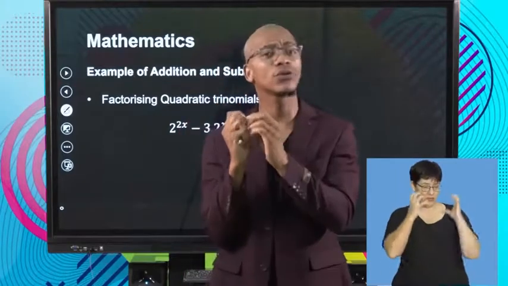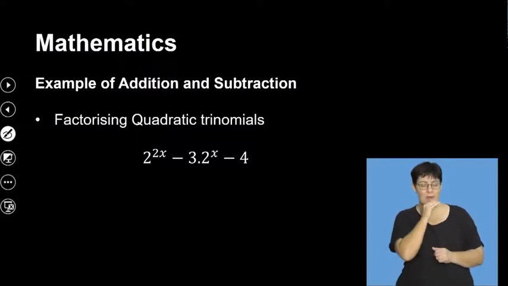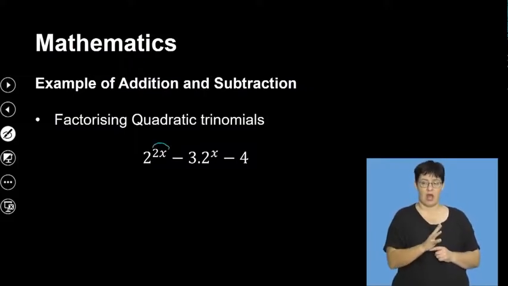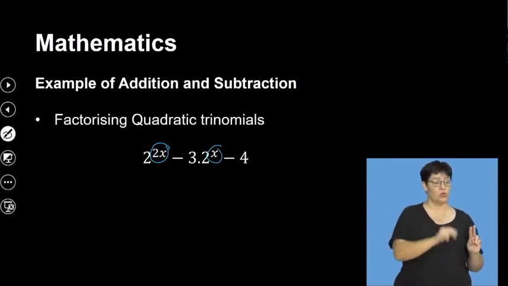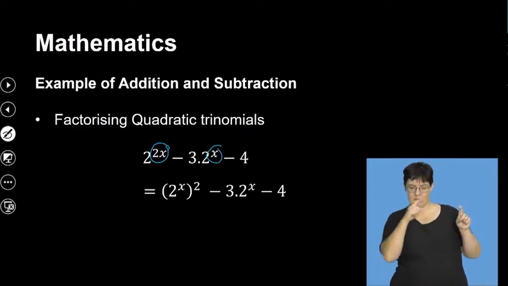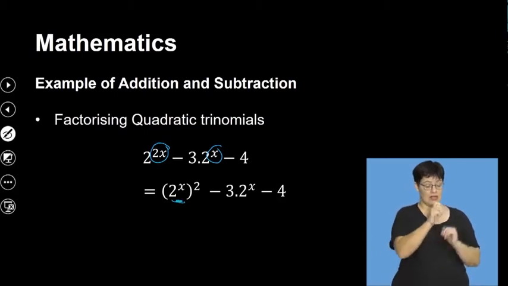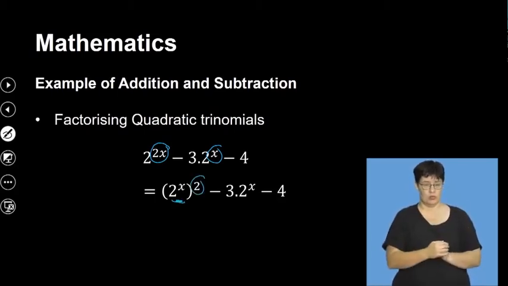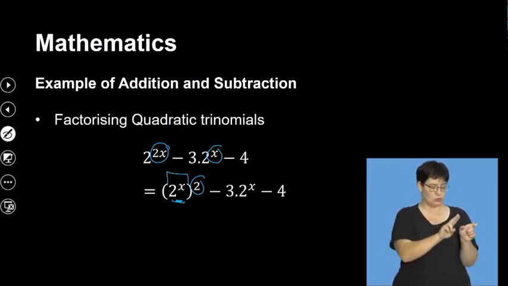But let me show you how you will factorize this, provided that it is a quadratic trinomial. So you can see this is 2x and that is x. So it shows us that it is twice that, right? So this will be the same as applying the principle that I said was important for you to note: 2 to the exponent of x, all raised to 2. And then you can see that the first term here is 2 to the exponent of x.